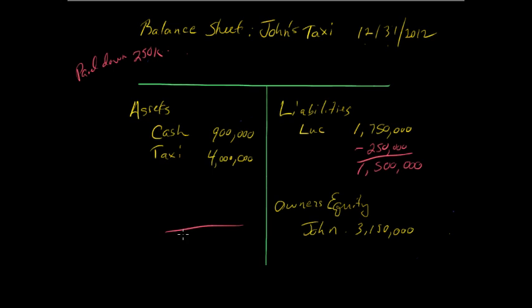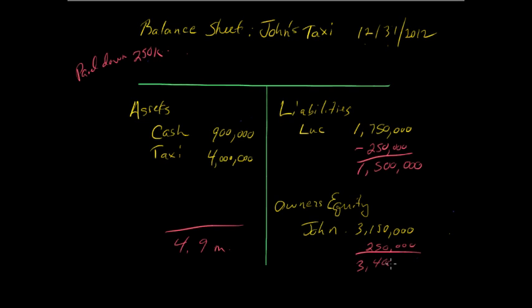Okay, but again, this is a balance sheet. On this side we have 4.9 million. So we're going to need to have the same thing on this side. So what do we do? Well, we take that same 250,000, because he's paid that down. That's become part of John's equity.